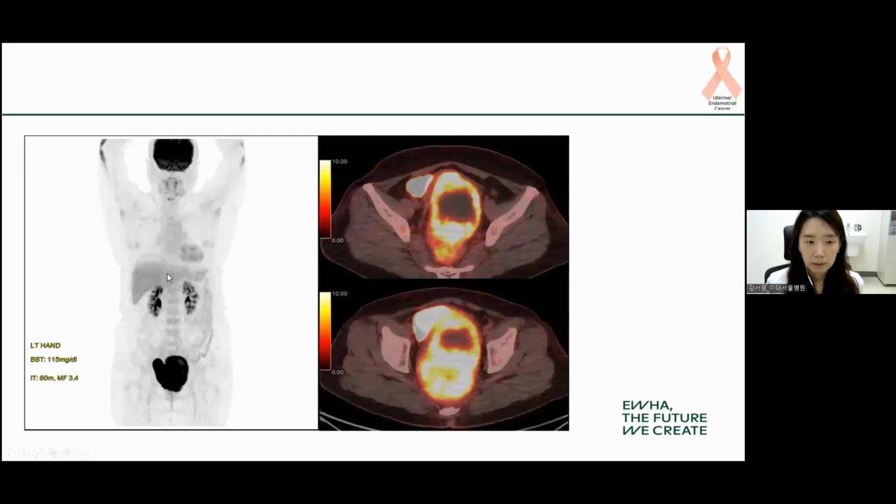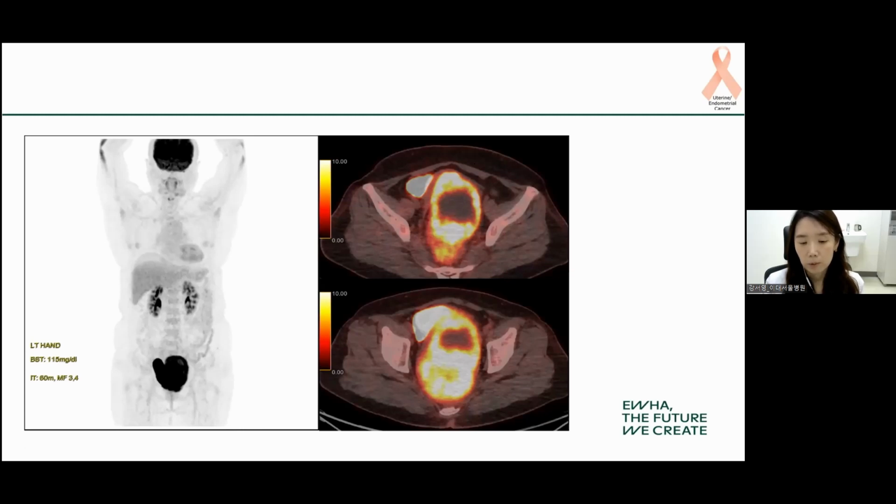And this is another case, with a large mass in the uterus and invasion to the vagina here. Actually, we also thought this case was probably a sarcomatous lesion in the uterus because it was a highly hypermetabolic mass with a necrotic change in the center.